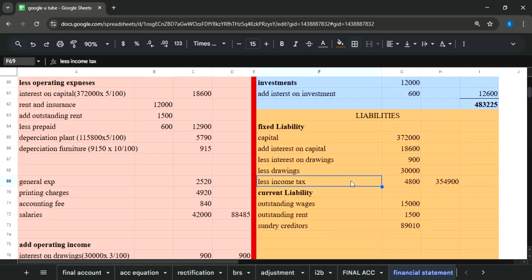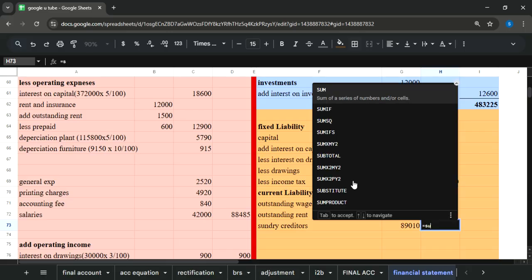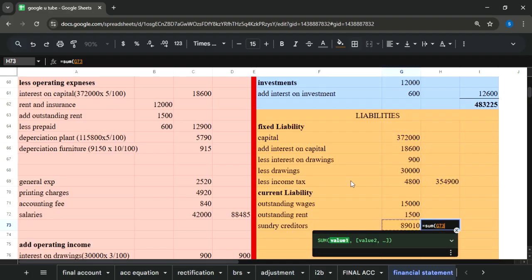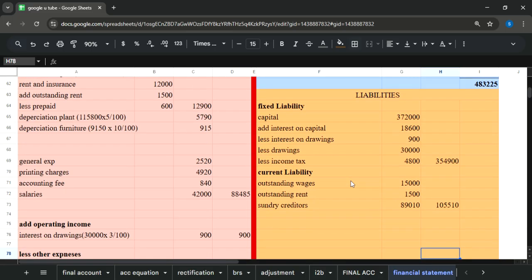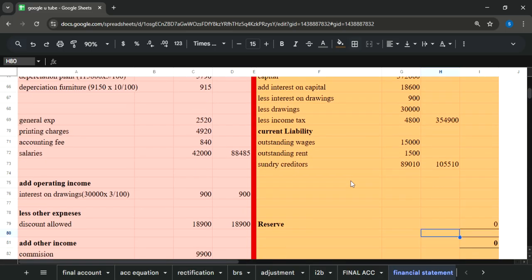The next step, you will calculate total amount of current liabilities. There are 3. So let's take the sum. Okay, current liabilities total has been written. No reserve, so it's final.